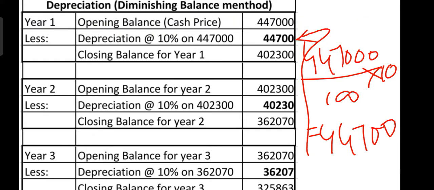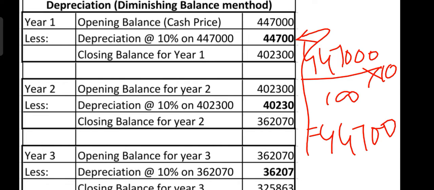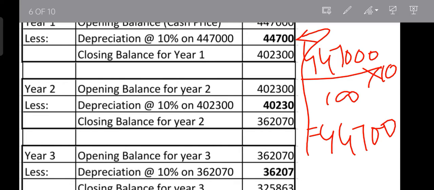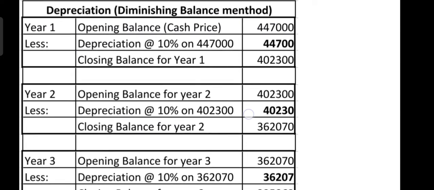Like this you calculate, and from this 4,47,000 you deduct 44,700. The balancing figure you get is 4,02,300. That is the closing balance for year 1.